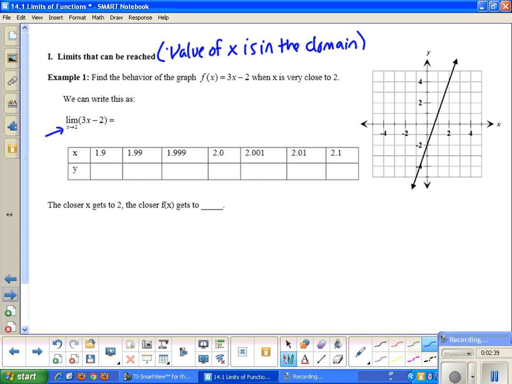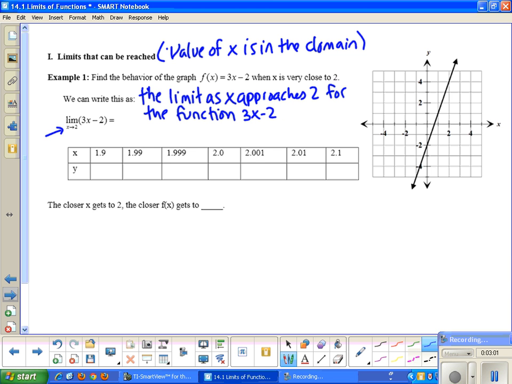I'm going to write that in words. The limit as x approaches 2 for the function 3x minus 2.